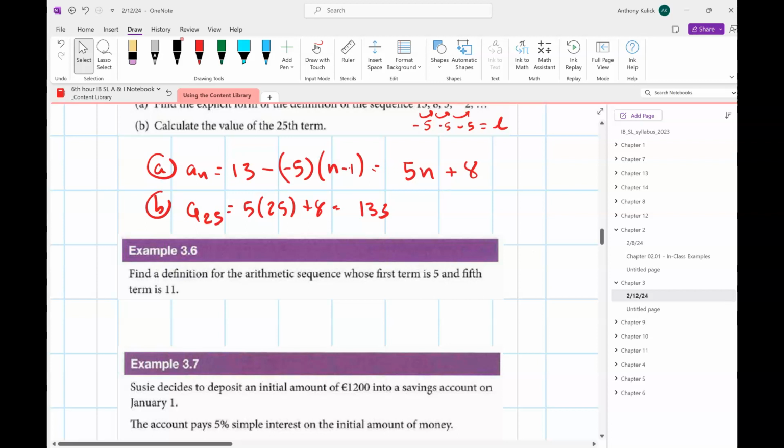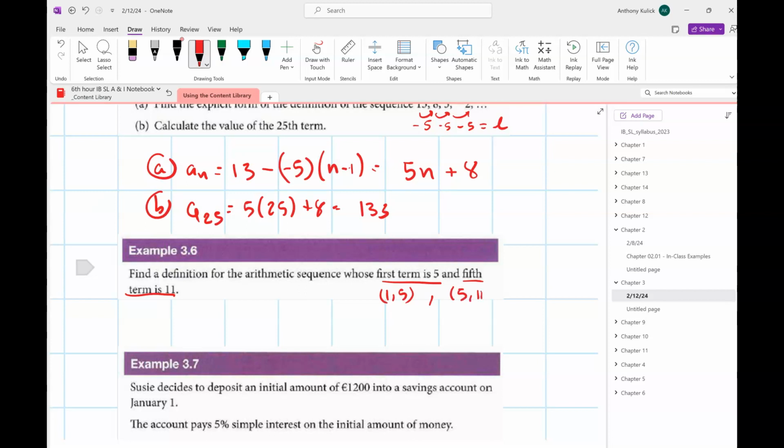So in these previous examples, we've always been given the first term to deal with this, right? So again, first term, but this time we're not given the second term, we're given the fifth term. Again, I'm going to think about that as 2 points. 1 comma 5 for the first term is 5, and then 5 comma 11 for the fifth term is 11.